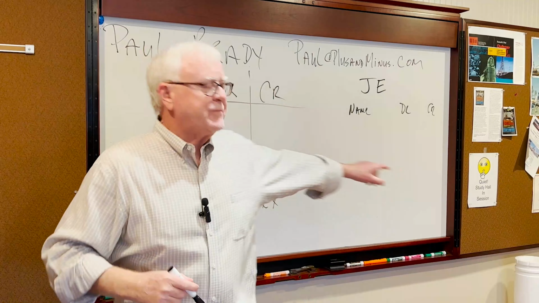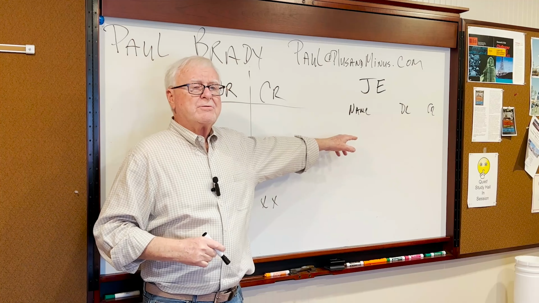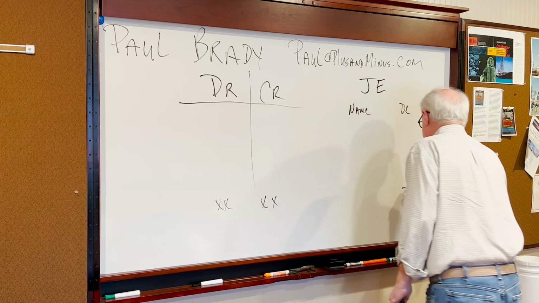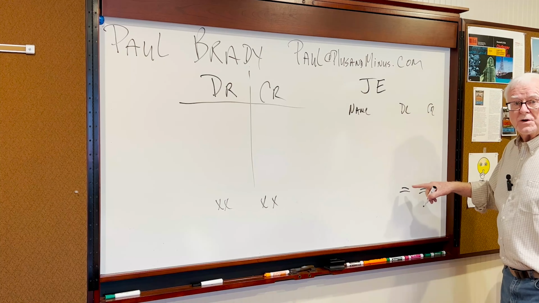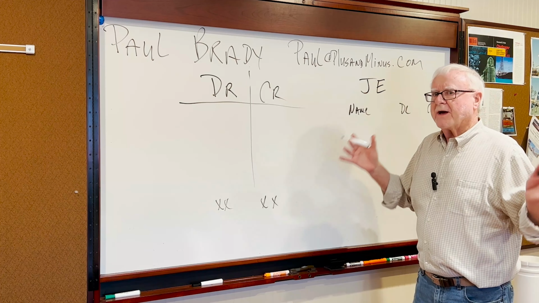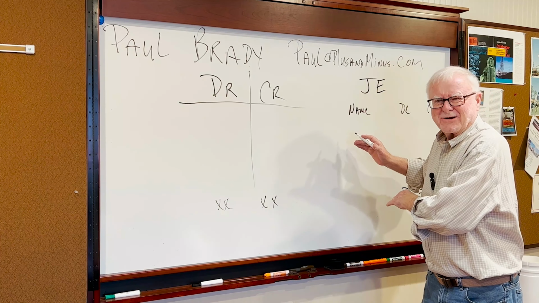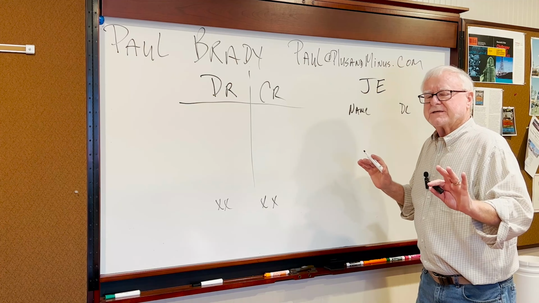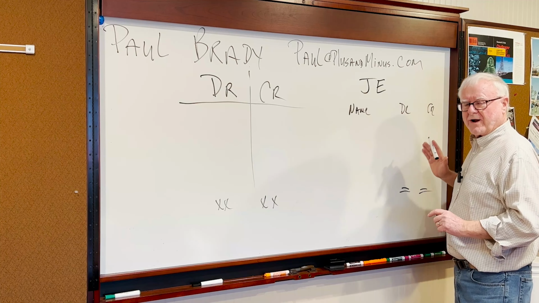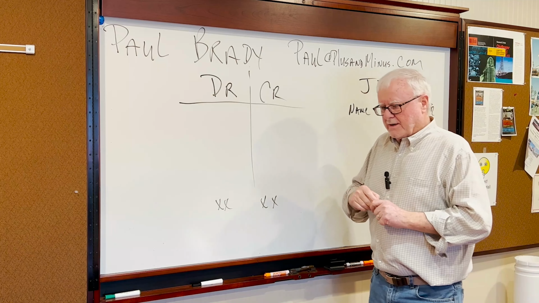Now, if you and I did this, wrote it up, added up the numbers, and the totals equaled each other, we say, okay, it's a balanced entry. It could be technically incorrect, but it's a balanced entry. What do we mean by that? The debits equal the credits. All right, great.